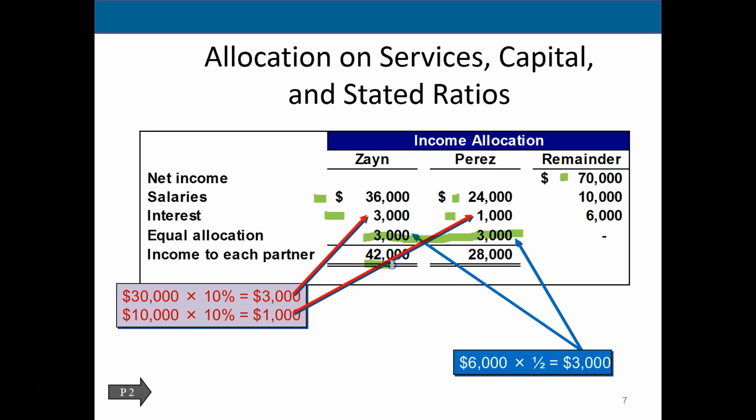So that would give us the 42 and the 28, which would add up to the 70. This is a fairly complex allocation structure, but it could be useful for us to allocate in that way and come to a specific agreement that we can both agree on.